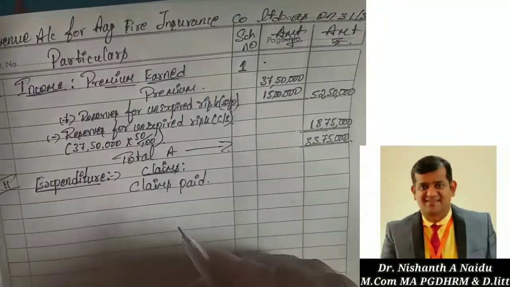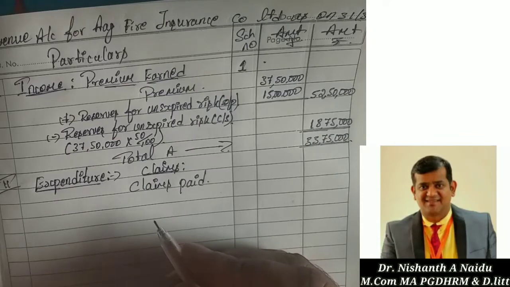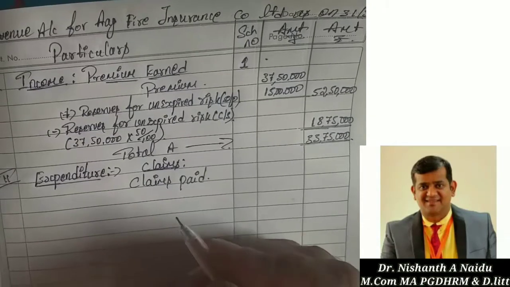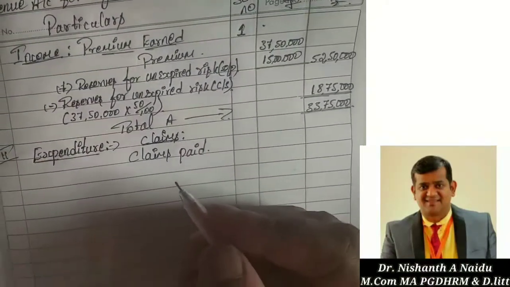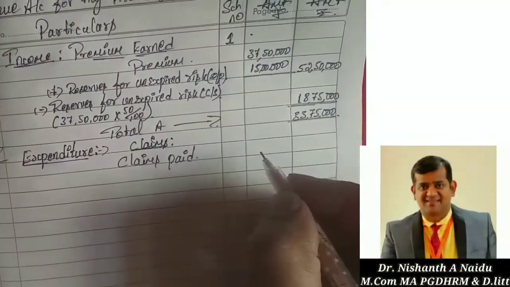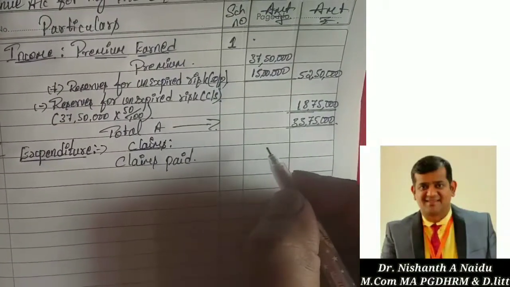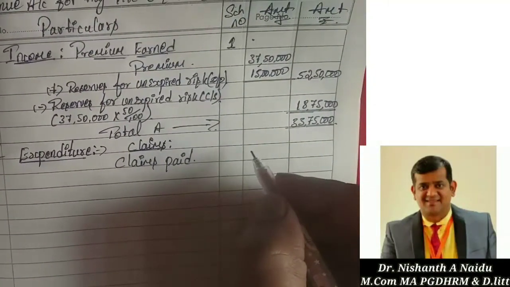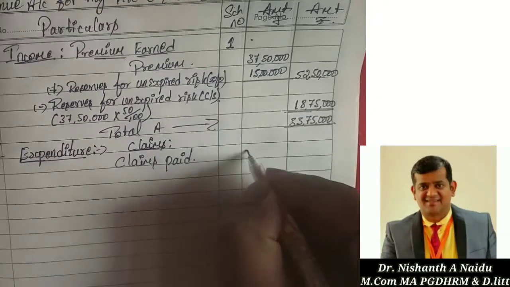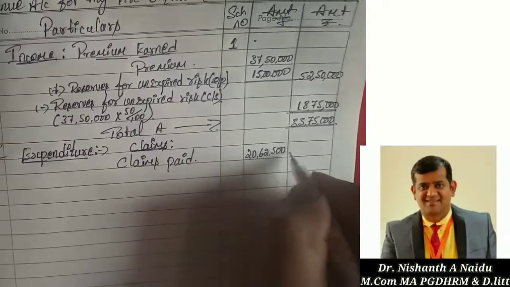So how much claims has been paid? 20 lakh 62,500. That is claims less reinsurance. That is how much? 20 lakh 62,500.